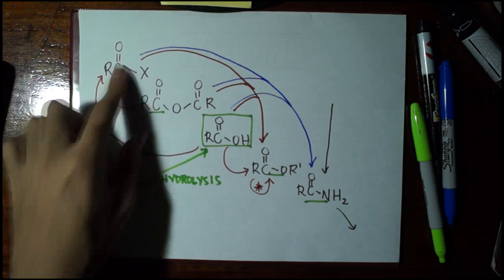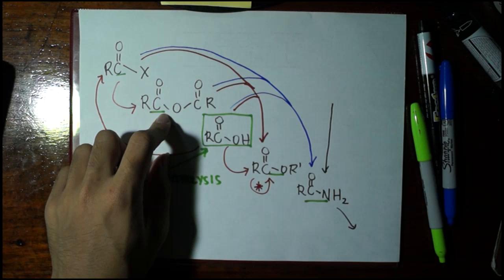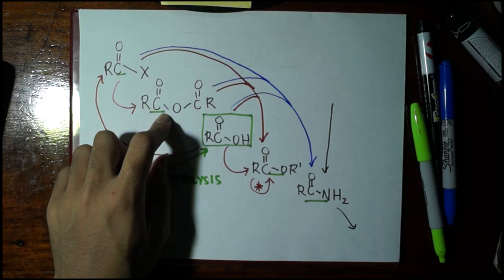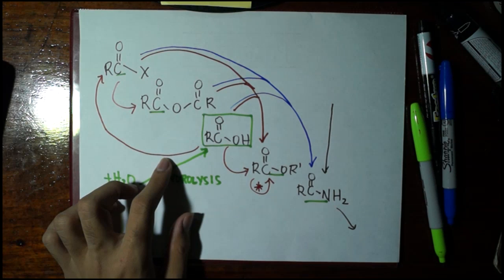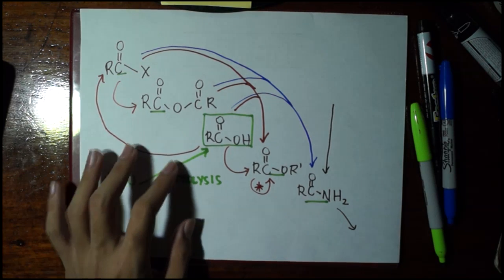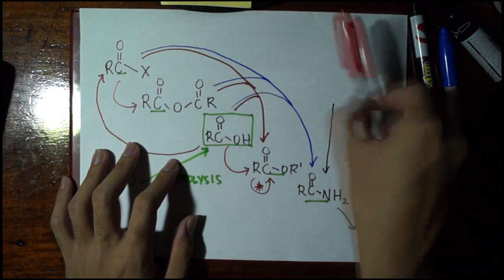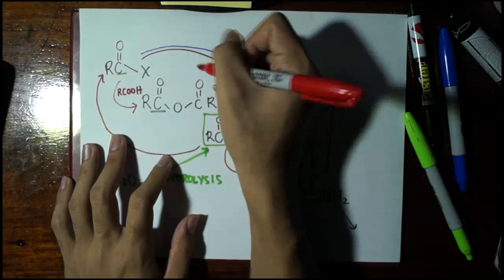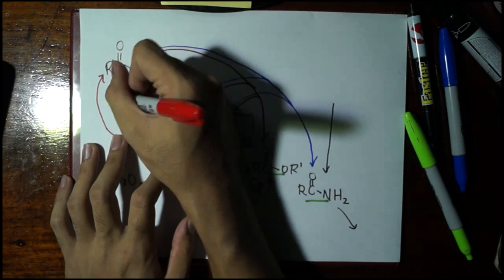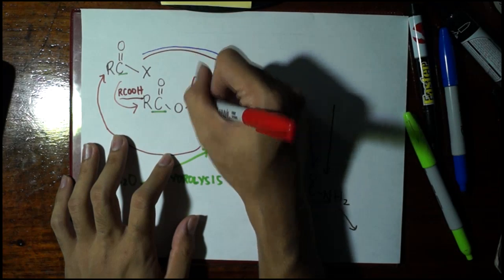From the acid halide to acid anhydride, the reagent that we're going to use is simply a carboxylic acid. So you just give the RCOOH to produce this one.